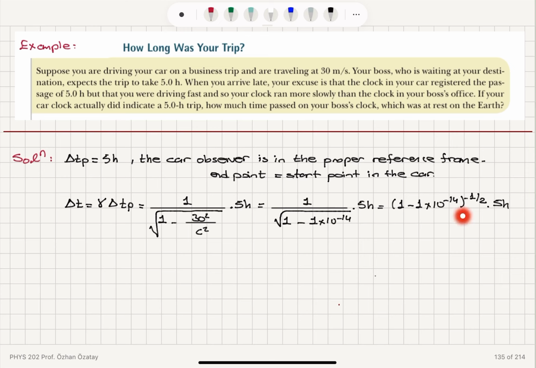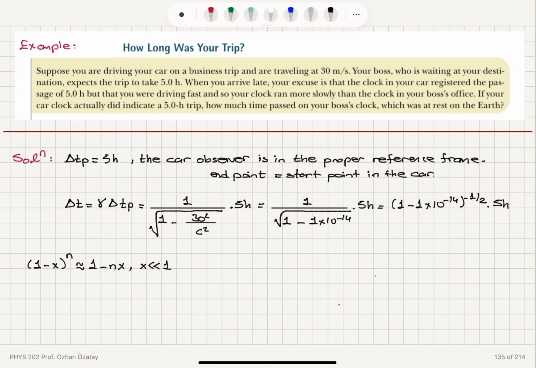So we can think about the Taylor series expansion of 1 minus x to the n. So let's record this review here. 1 minus x, in parentheses, to the power n is approximately 1 minus nx when x is much less than 1. This is the Taylor series expansion. First you substitute x equals 0, you get 1, and then you take a derivative, n times 1 minus x to the power n minus 1.